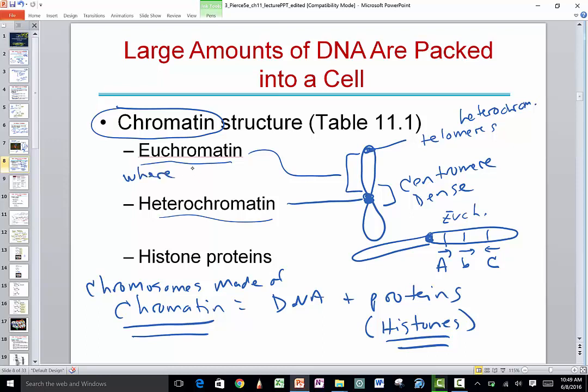It's not 100% true. Nothing's 100% true. But that's the general idea. And then heterochromatin is usually structural elements of the chromosome, although sometimes you can have some genes in there. So we need to talk about the structure of these things and the role of the histones in forming these structures.